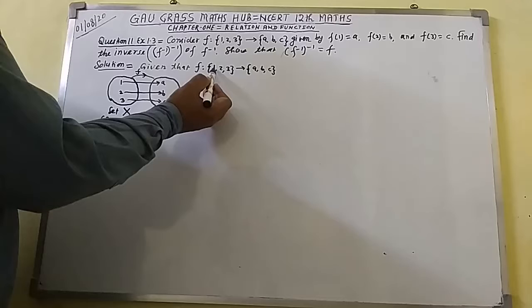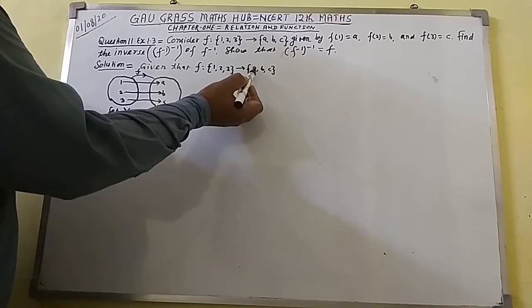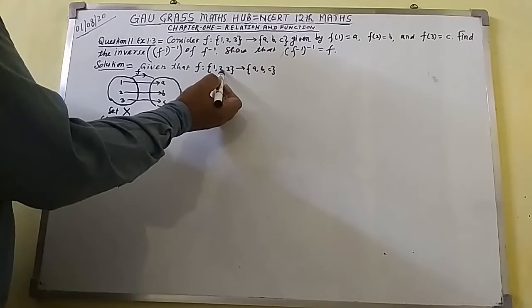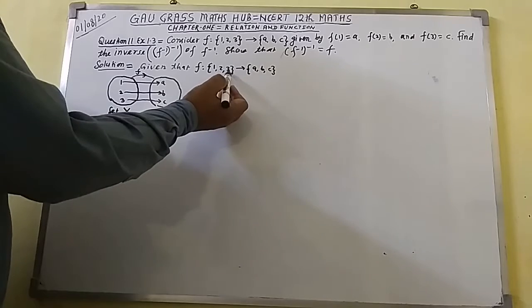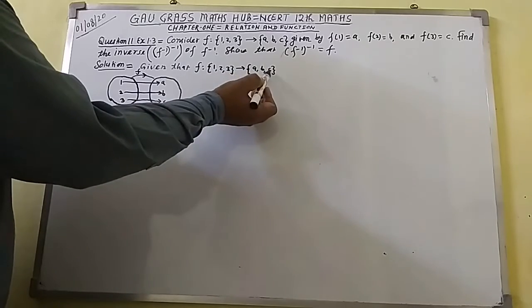Image of 1 equal to a, image of 2 equal to b, image of 3 equal to c.